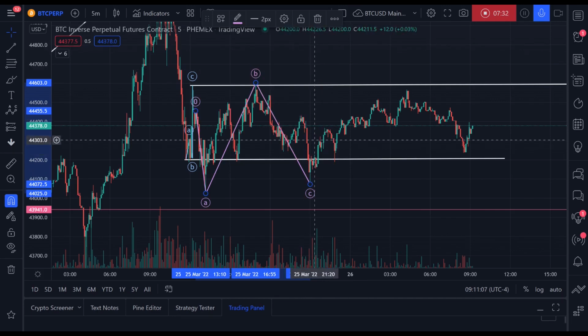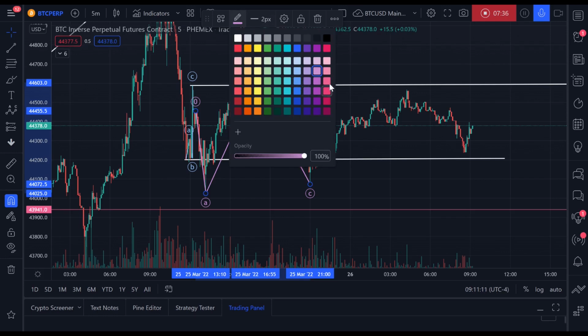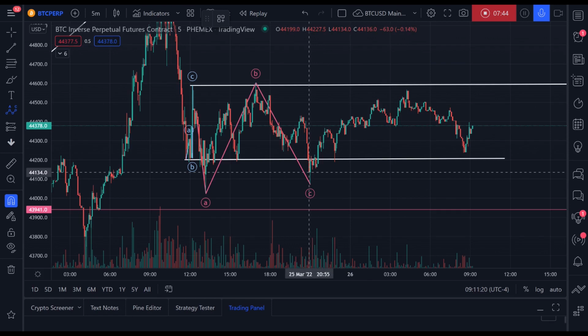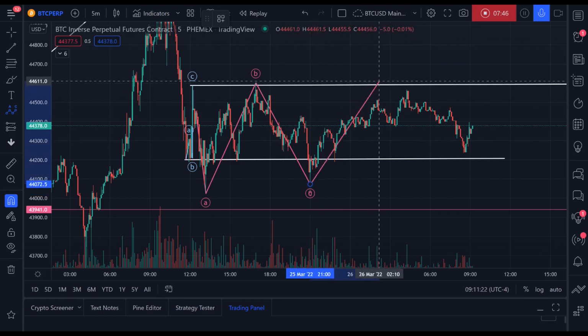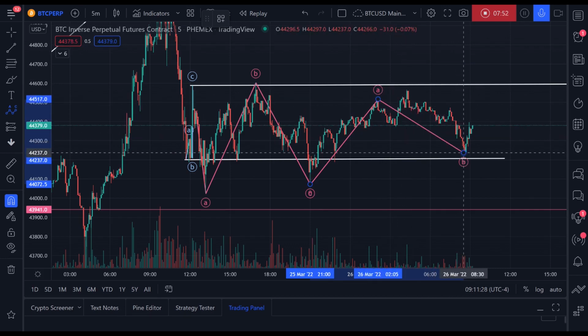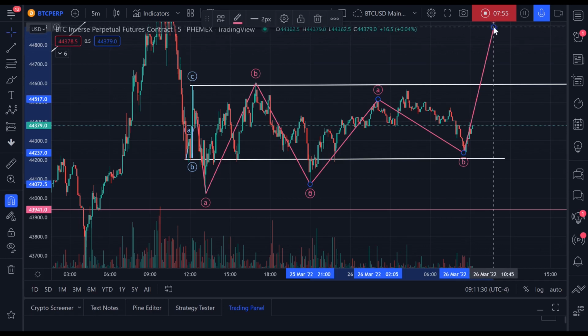And then we have the last of the corrective waves, or what should be the last, okay? The last of the corrective waves, an A wave, okay, a B wave right here, okay, and that should lead us into an impulse, okay?